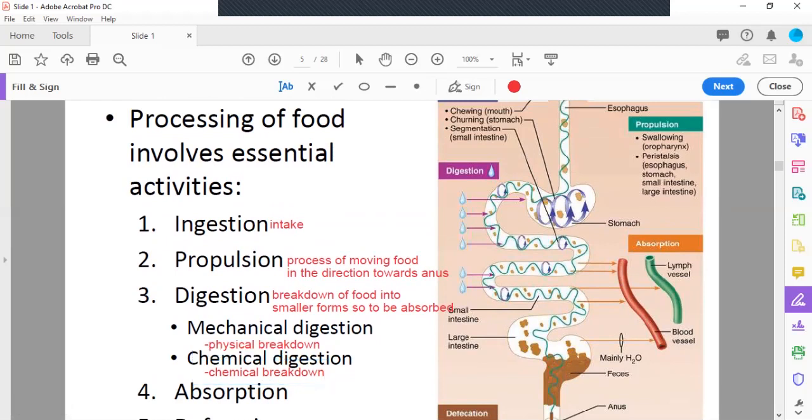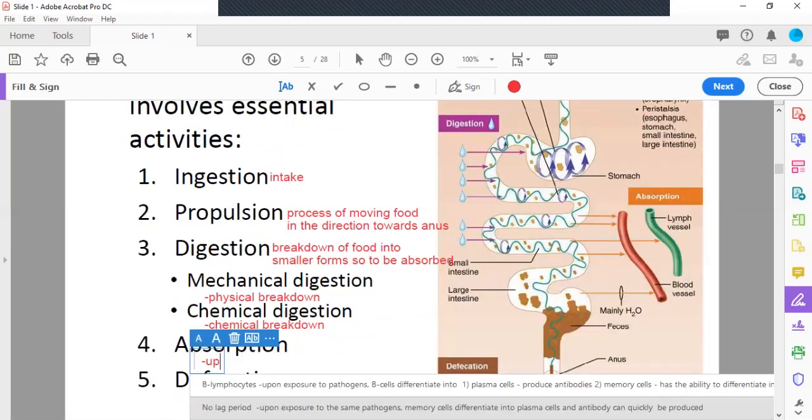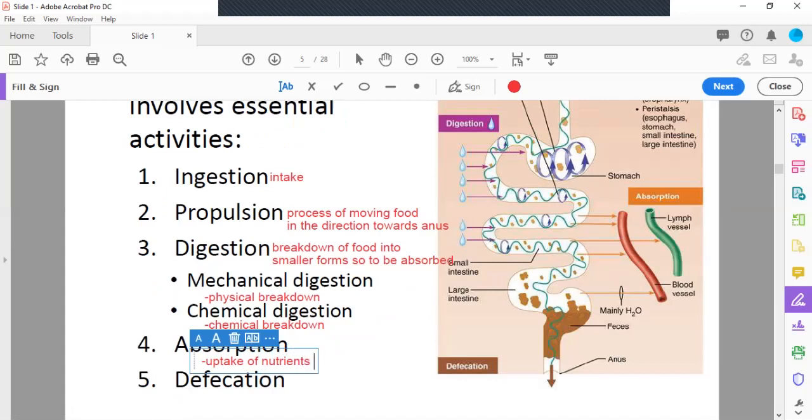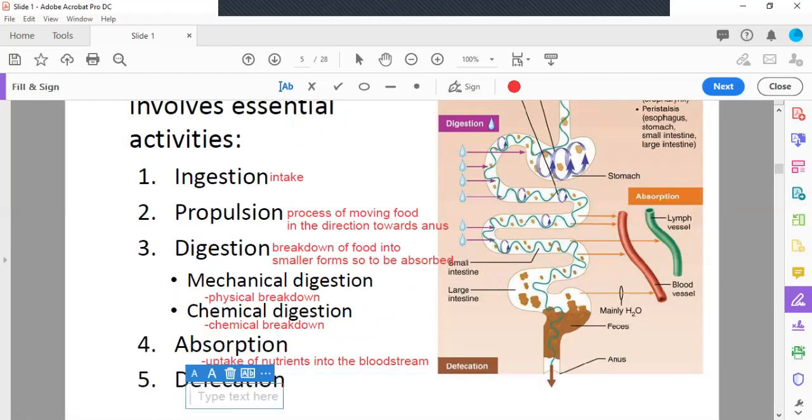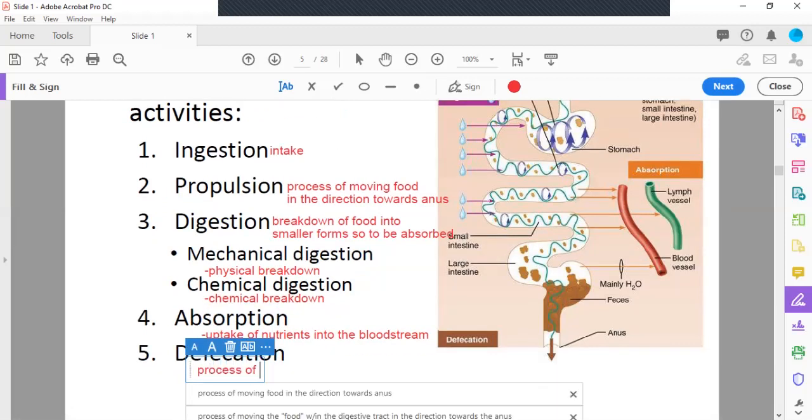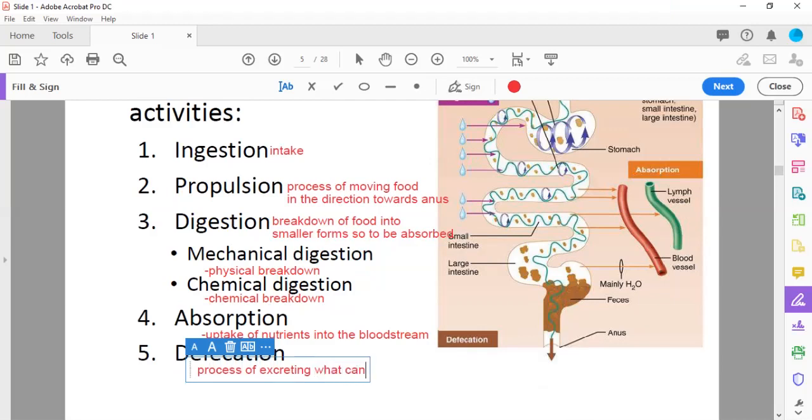And absorption is the uptake of nutrients into the bloodstream. And defecation just means the process of excreting what cannot be absorbed. Now, there are a few examples of mechanical digestion. There are a few examples of chemical digestion, and so on.